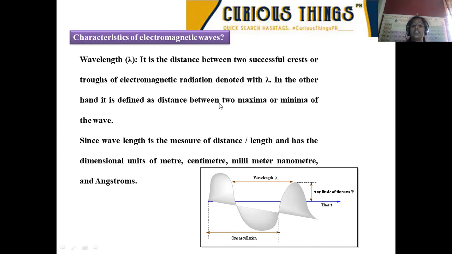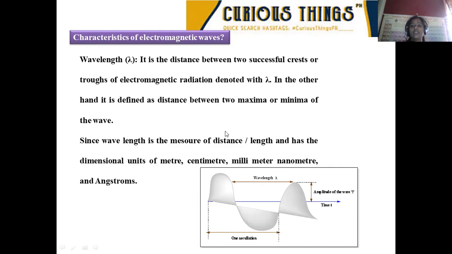Lambda is defined as the distance between two maxima or two minima of the wave. Two maxima, the upper crests, or two minima, the lower troughs, can be considered. It can be measured in terms of nanometers, centimeters, millimeters, and also angstroms. These are the units of wavelength, right?